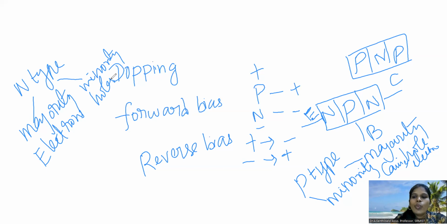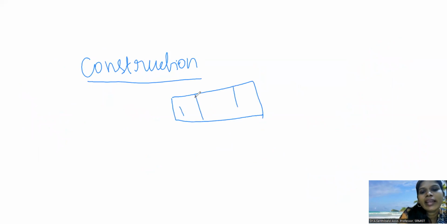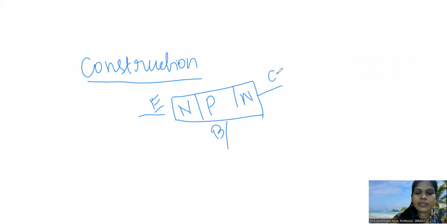Now we will discuss the BJT construction, how the transistor is constructed. We already know a BJT consists of three terminals, N, P, N: emitter, base, collector.